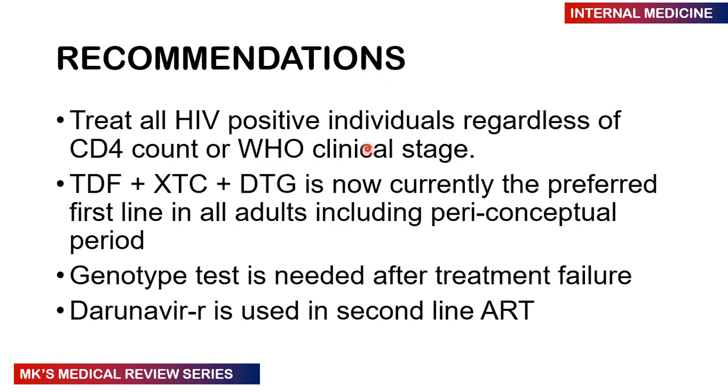This is the current first line in all adults, as well as in the preconceptual period before they get pregnant. Then, of course, genotypic testing is needed after you figure out that this patient has treatment failure. We'll talk about treatment failure later on in this lecture. And ritonavir-boosted Darunavir is now used as a second line in antiretroviral therapy.